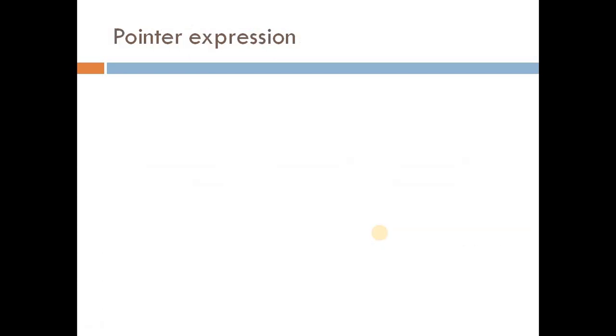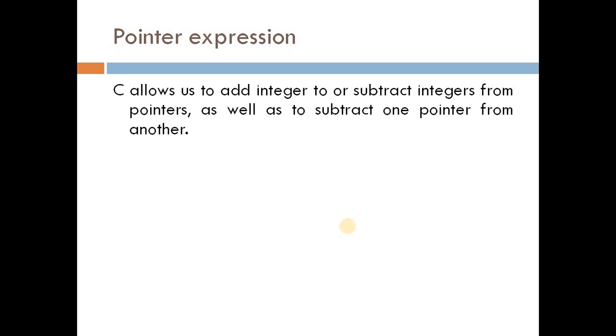Next we'll move on to pointer expression. Like other variables, pointer variables can also be used in expressions. C allows us to add an integer to or subtract an integer from pointers, as well as to subtract one pointer from another.